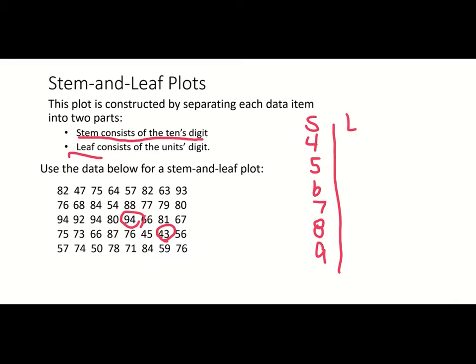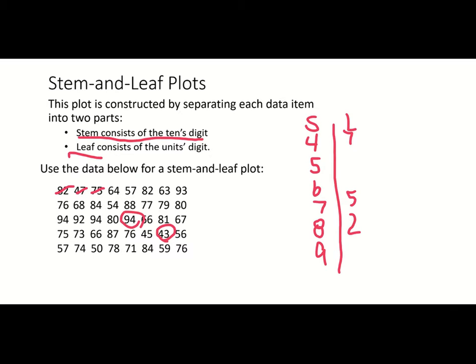And then from there, you just go and list your leaves. They do not have to be in order, but I usually do a rough draft and then go back and reorder it so I can put the leaves in order. But here I have 82, so I'll go to my 8 and put my 2 there. 47, so I'll put my 7 there. 75, put that there.